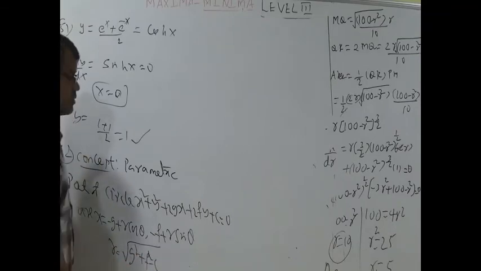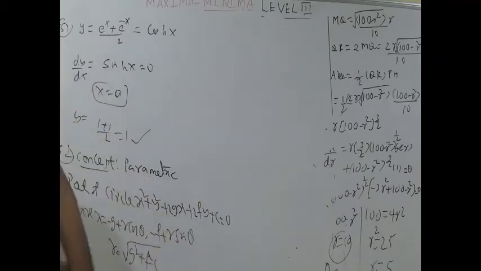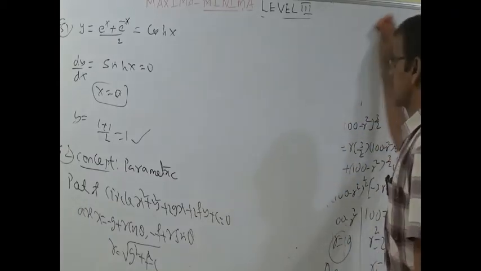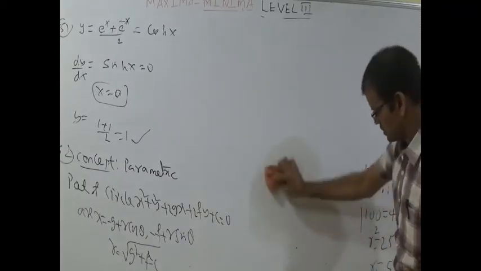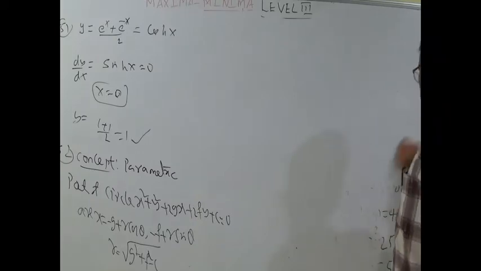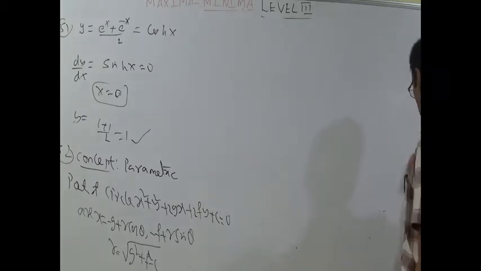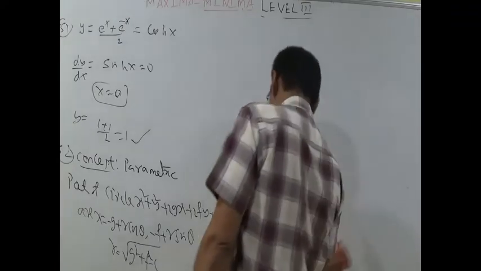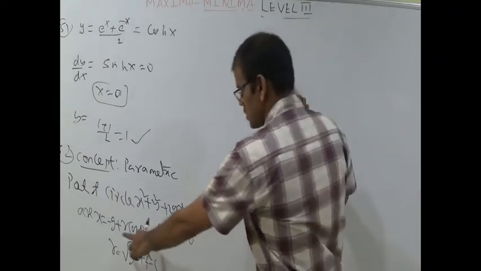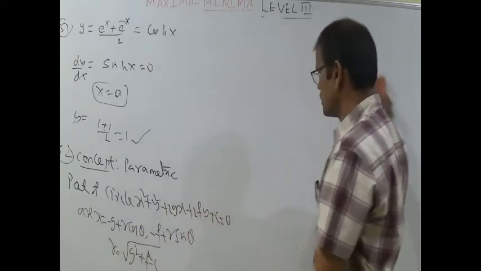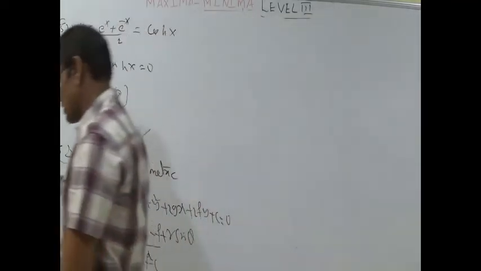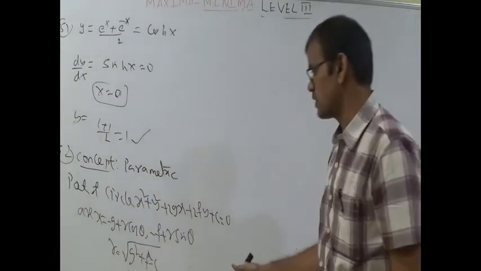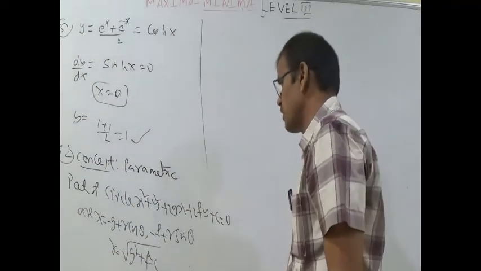Some staff members say like this: x is equal to h plus r cos theta and y is equal to k plus r sin theta, where the circle is in the form of x minus h whole square plus y minus k whole square equal to r square. Anyhow we can write, but you should remember that minus g and minus f, or h and k, indicate the coordinates of the center. The abscissa is minus g and the ordinate is minus f, otherwise abscissa is h and ordinate is k.